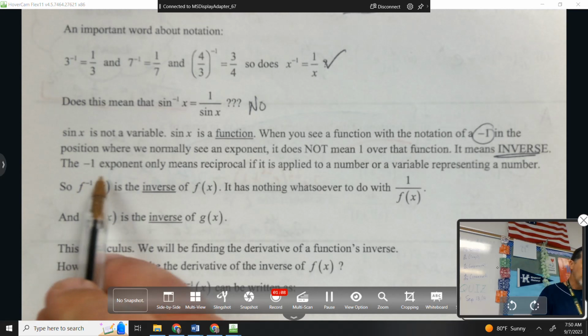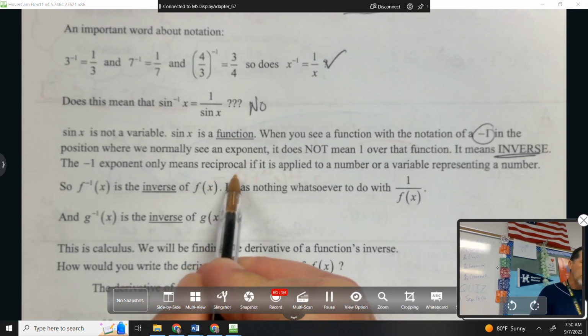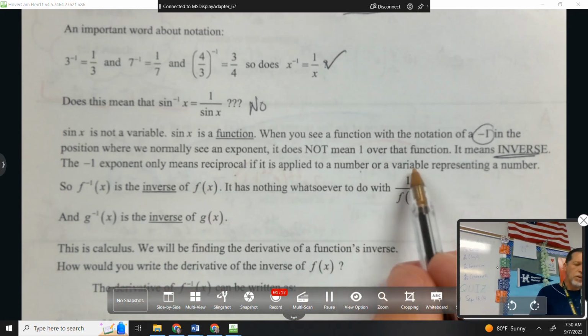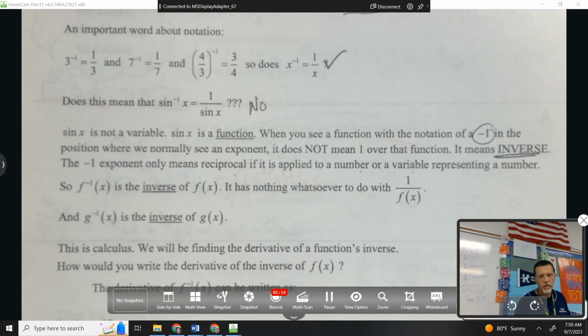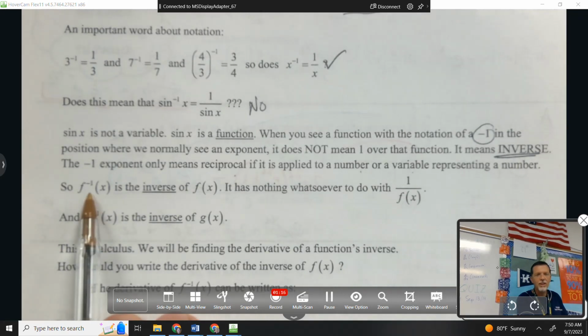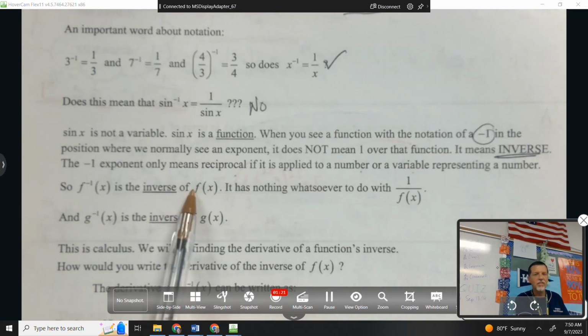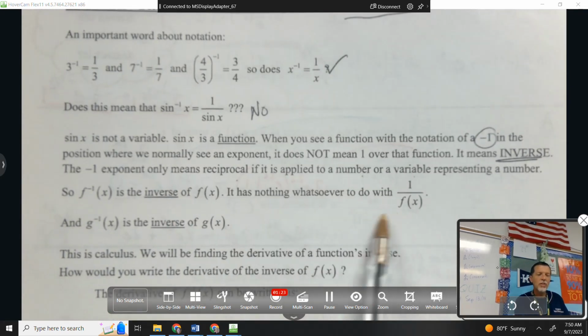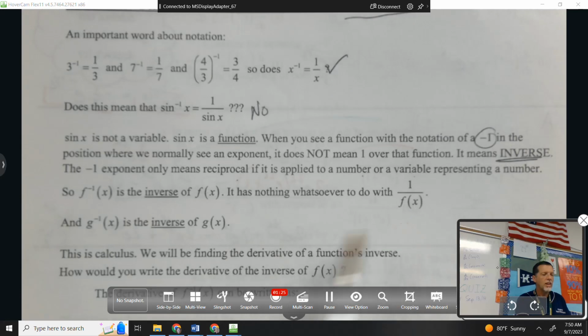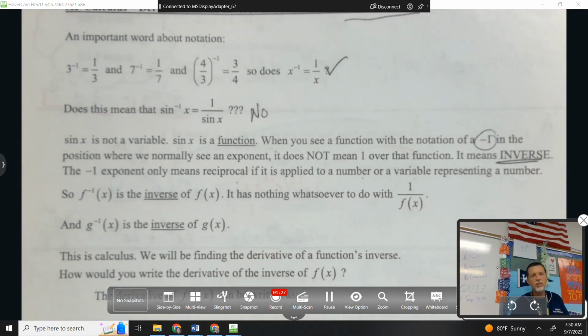So the negative 1 only means reciprocal if it's on a number or a variable, not a function. So f to the negative 1, like this, is not 1 over f. It's the inverse of f. It has nothing whatsoever to do with 1 over f. G to the negative 1 is the inverse of g. So, some notation stuff.